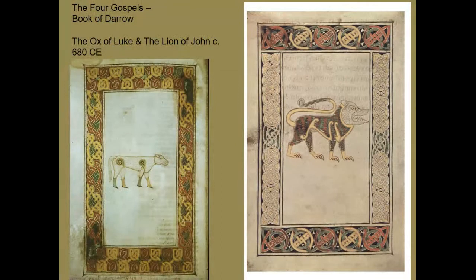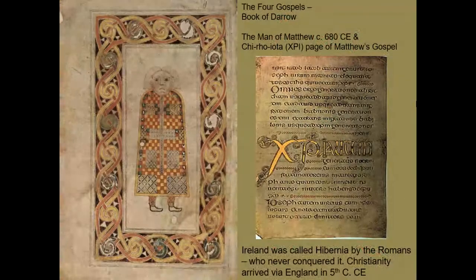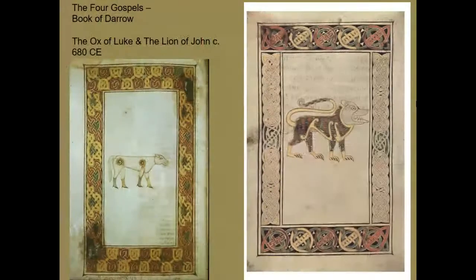The other initial pages that show us the starts of the different books show us the figures that are associated with the four evangelists. So Matthew's symbol is a man. These come to us from a variety of different texts, but the book of Ecclesiastes will show the vision that created this use of these symbols going forward.